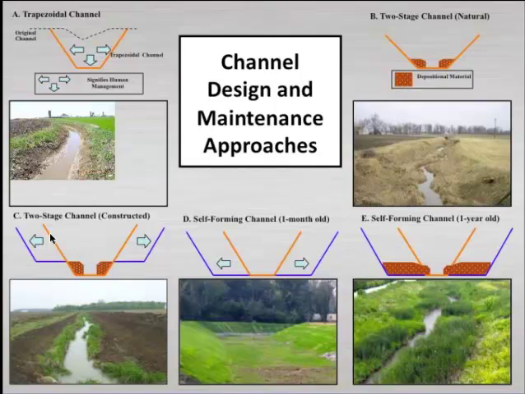That's been just observed in nature a lot of times, where we find these things that form naturally on their own because somebody built a trapezoidal ditch that was too wide. Usually that second stage is at least 3 times as wide as the inset channel. I guess Dan was involved in a lot of that. He actually wrote a paper on this, so maybe you can add a little bit to it. But a lot of it was based on observation of what was occurring in nature.